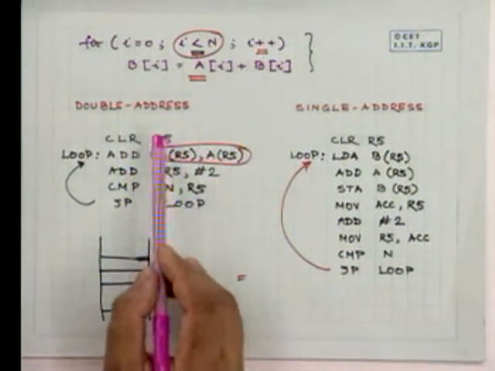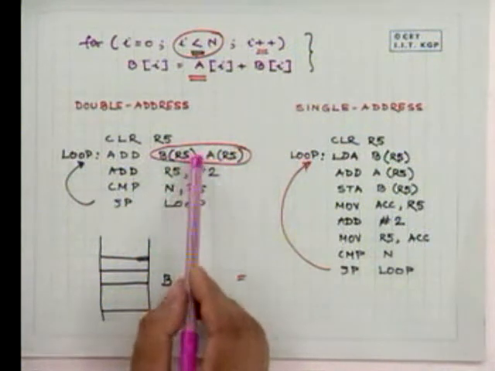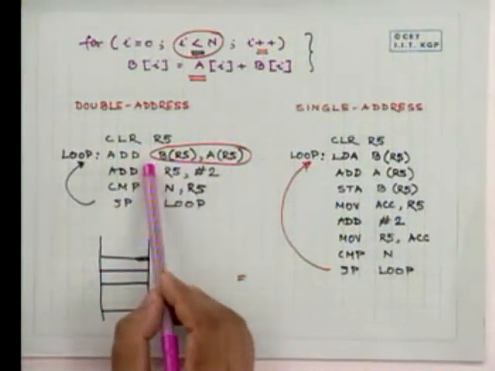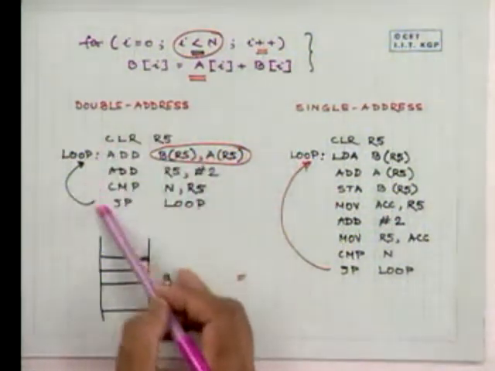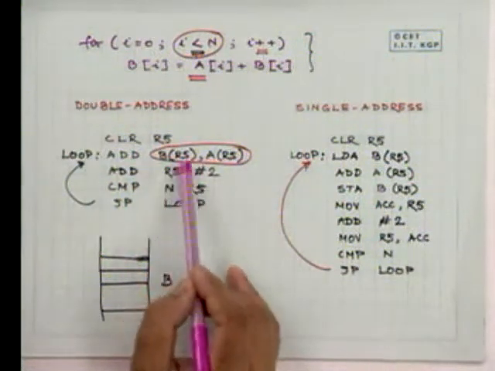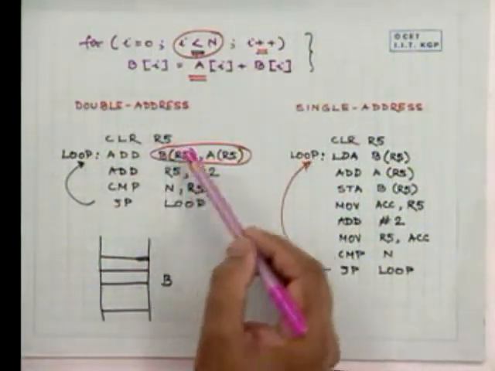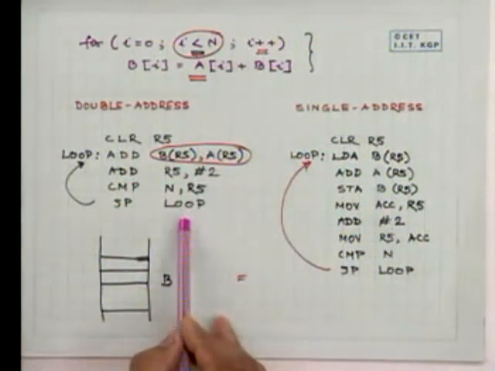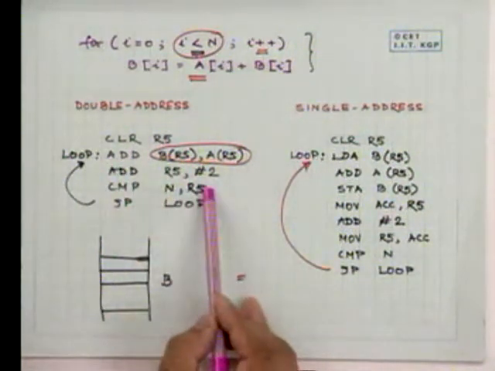Now let me emphasize here that the particular assembly language symbolic mnemonic that I have used are so to say of a hypothetical machine, right, though it's very closely resembling one of the very popular machines like say PDP-11 in the case of double address instructions.